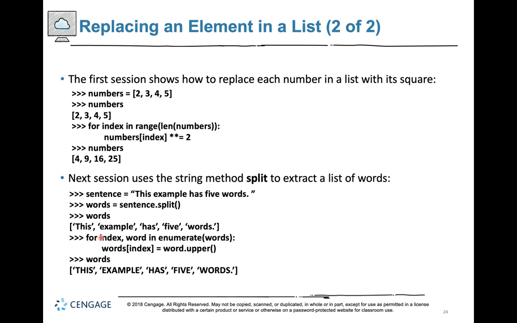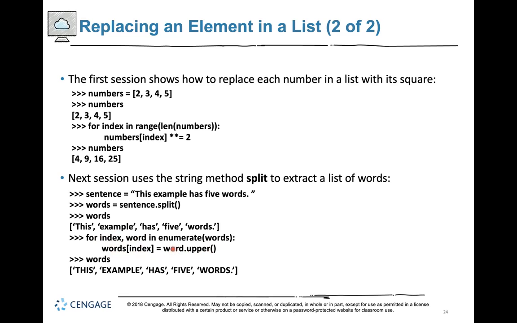That tuple has 2 values. The first one is the index. The second one is the actual value for that element. So we need that index to modify the value. So here we are using the index with the subscript operator on the left-hand side of the assignment.